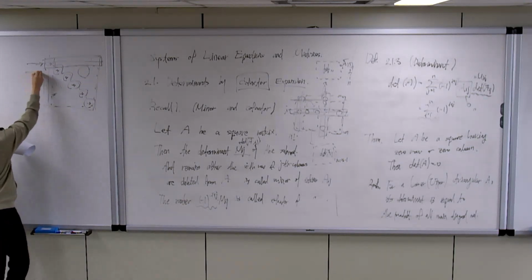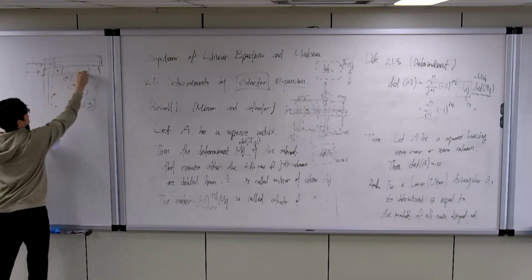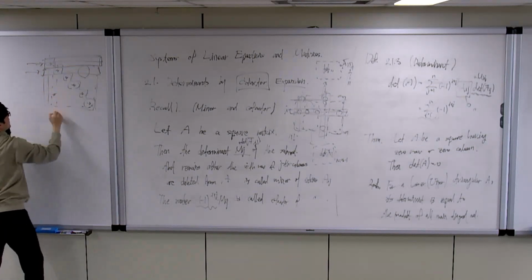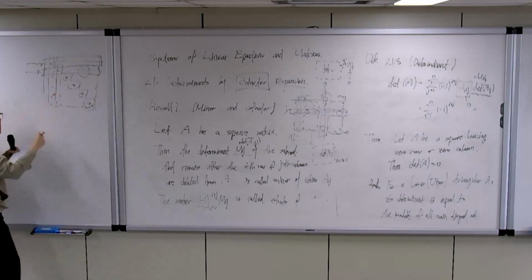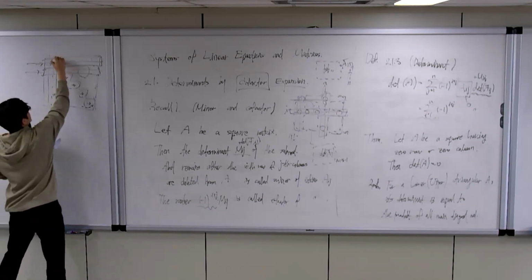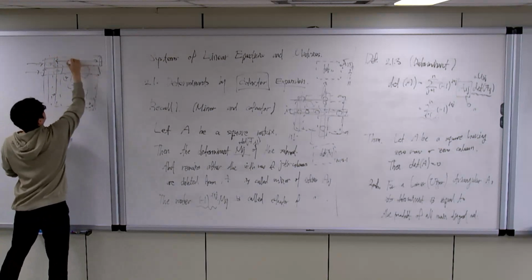And by choosing the first row in the submatrix, we will get a lower triangular matrix again and again. And the other entries are all 0.